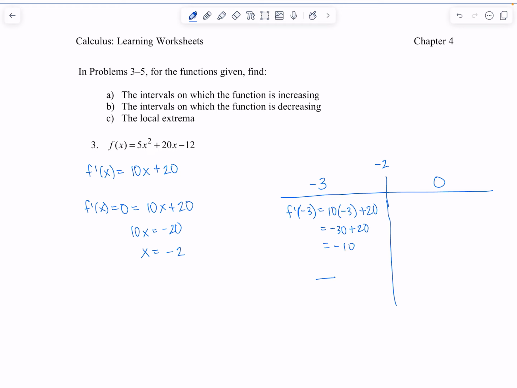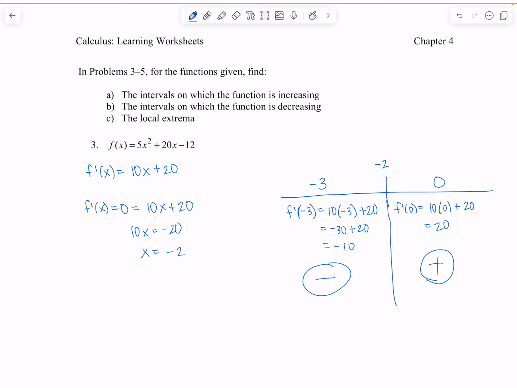So over here we have a negative. And then if we plug in 0, we have 10 times 0 plus 20. So we have 20, which is positive.